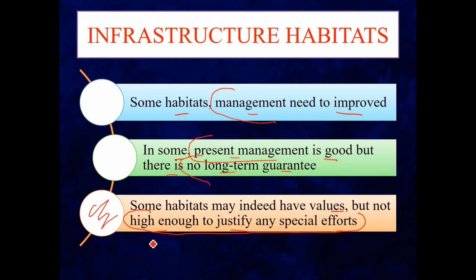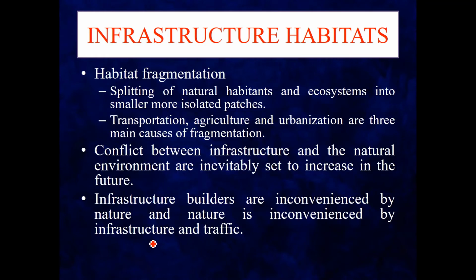It's destroyed. Okay. Now, habitat fragmentation: splitting of natural habitats and ecosystems into smaller, more isolated patches. Transportation, agriculture and urbanization are the three main causes of fragmentation. Fragmentation means habitats will be split, right?